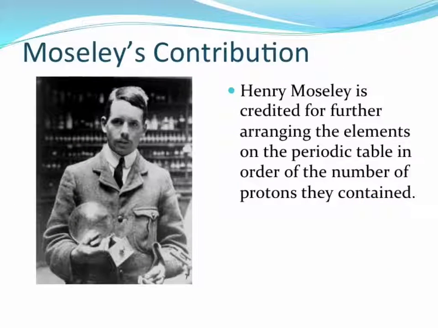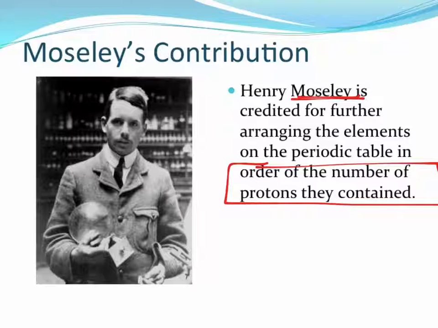So Moseley came along. You need to know that Moseley took the periodic table and put it according to how we have it now, by the number of protons. So rather than doing it by the mass, he did it by the protons, and we still have it underneath that same physical and chemical properties.